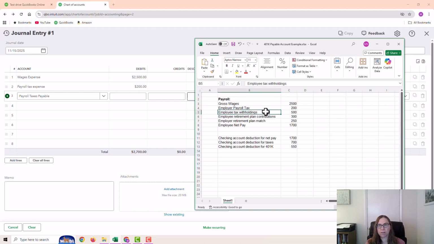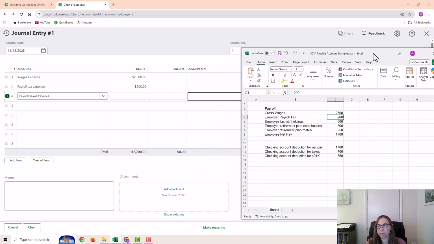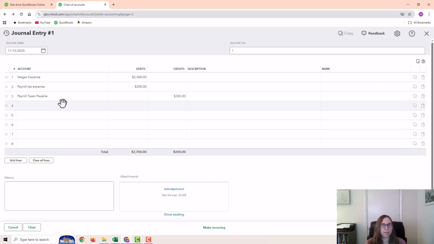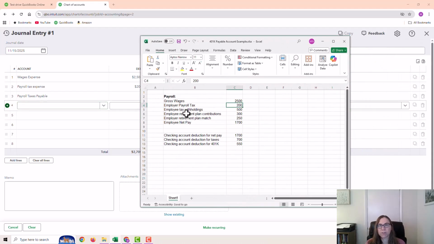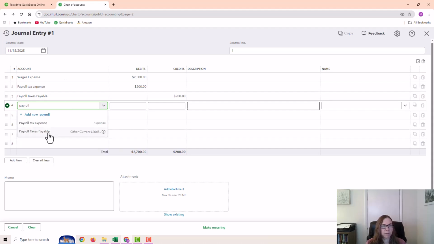Okay, so you've got the employer payroll tax that's going to have to be submitted or sent to the tax agencies. So that's going to be one amount that they owe to somebody. It's a liability. And then they also have the employee tax withholdings that will need to be submitted to those tax agencies as well. So I'm just going to separate that into two lines.